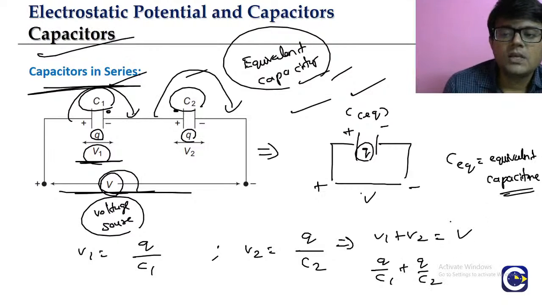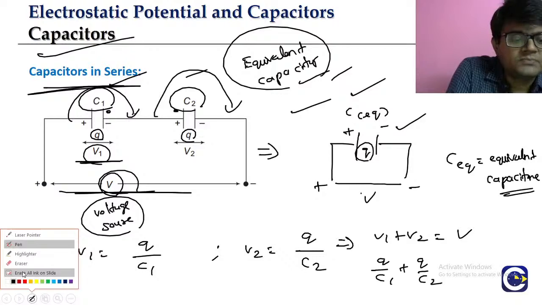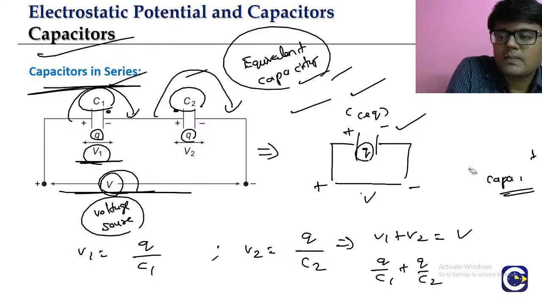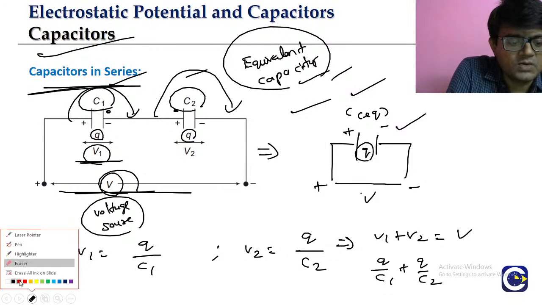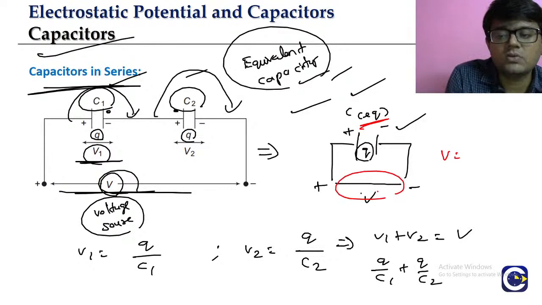In the equivalent capacitor case, the equivalent capacitor also has the same charge Q, with capacitance C equivalent. What is the potential difference across the capacitor? That is equal to the potential of the voltage source.